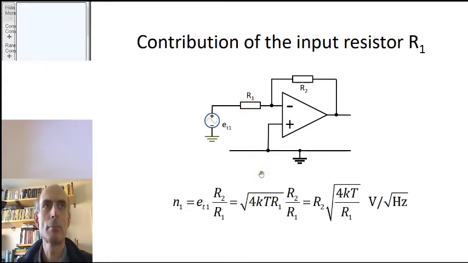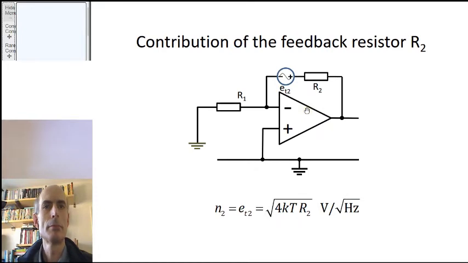Next, R2. Now, if we consider the noise due to resistor R2, first of all, note that the action of the feedback of the op-amp is going to keep its 2 inputs at approximately the same voltage. Since the non-inverting input here is at ground, the op-amp will keep its inverting input at ground as well.